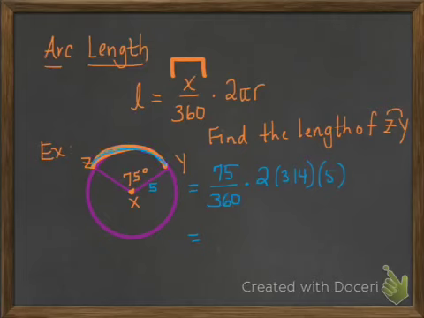If I put a piece of string on my circle from here to here, then it would equal, and I'm going to use my calculator here, 75 divided by 360 is equal to 0.208 repeating. And I'm going to multiply that by 2 times 3.14 times 5. That gives me 31.4.